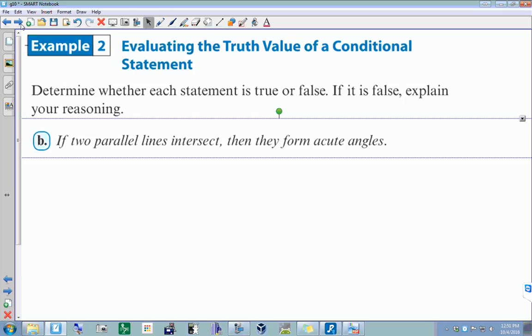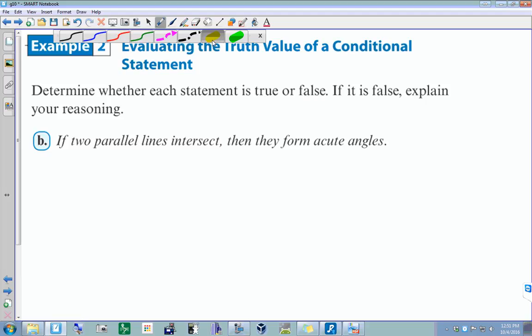Try this one. If two parallel lines intersect, then they form acute angles. You're right, parallel lines don't intersect, so I can't say anything, right? Because if two parallel lines intersect, this idea right here, that is definitely false, correct?